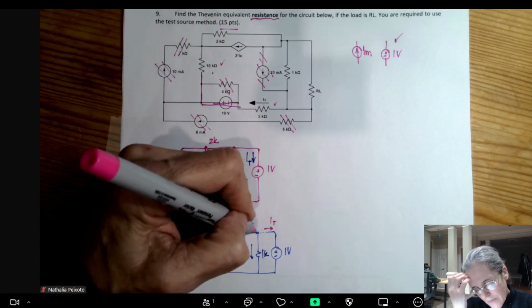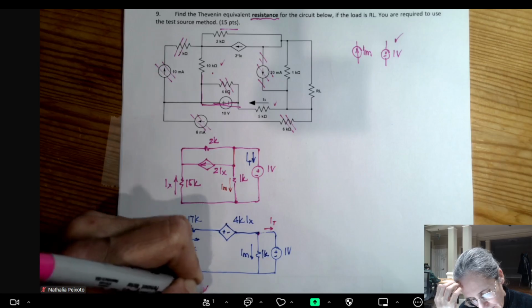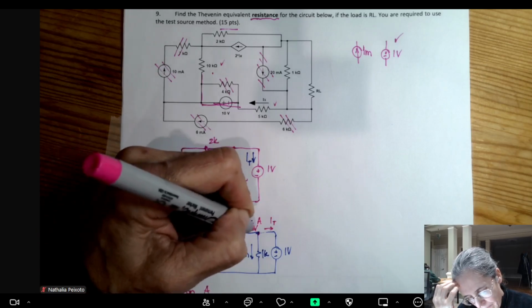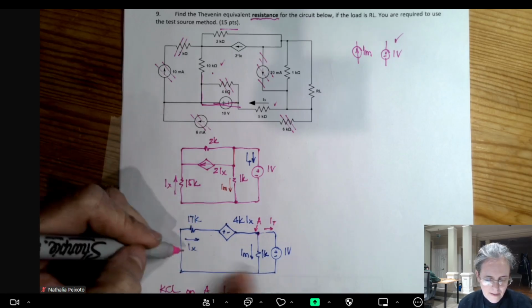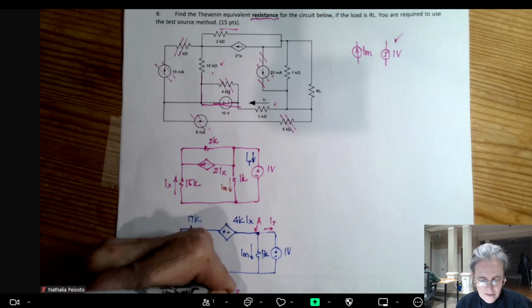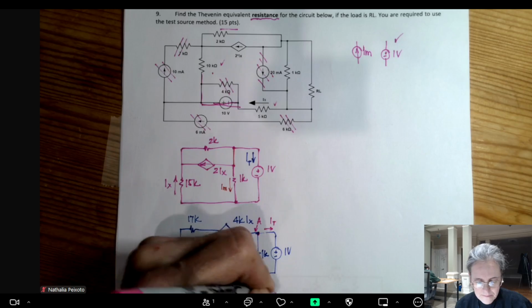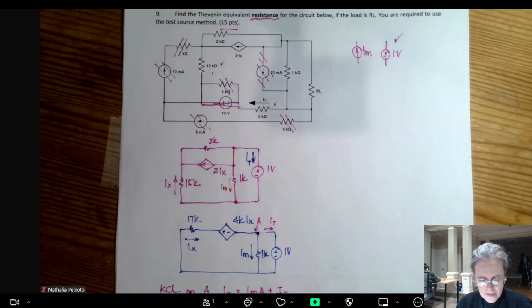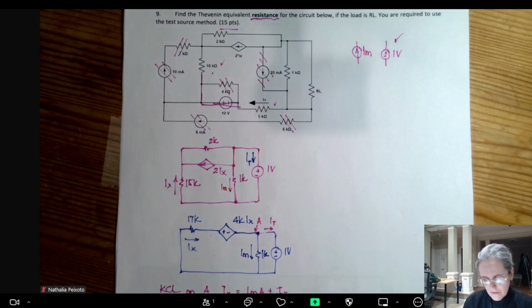And I can do KCL on the top node. And this is everything coming in. Ix is the only current coming in, equals the 1 milliamp plus IT. And remembering that I want IT, and I don't have Ix, and Ix is now the problem.